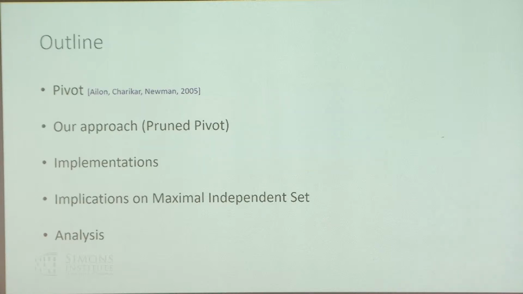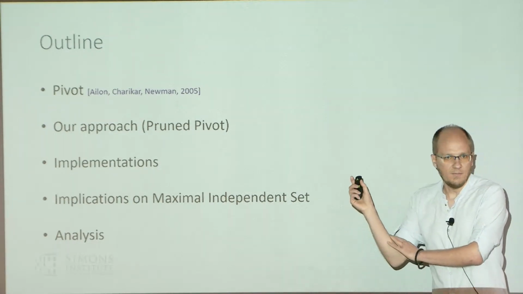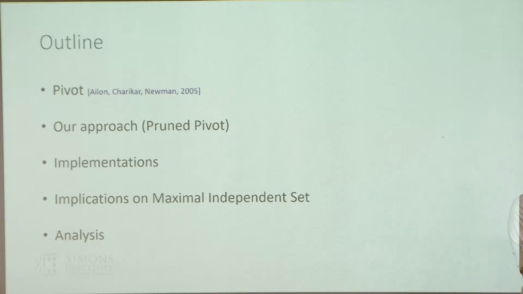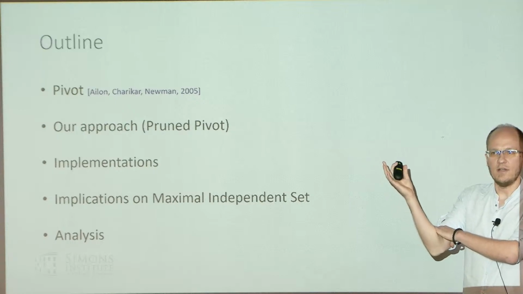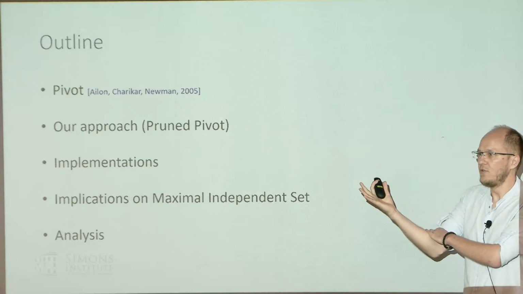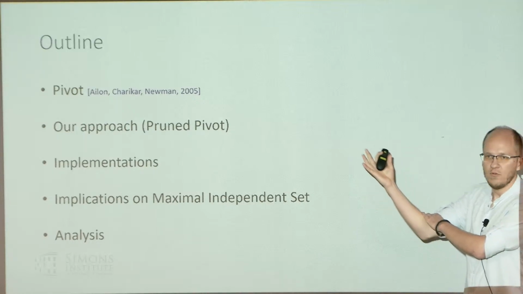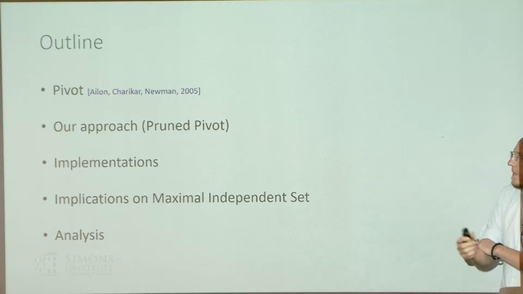My goal in the rest of this presentation is as follows. I want to show you this pivot. Many of you might have seen this. If you're interested in correlation clustering and you want to get something out of this talk, it would probably be this algorithm itself.